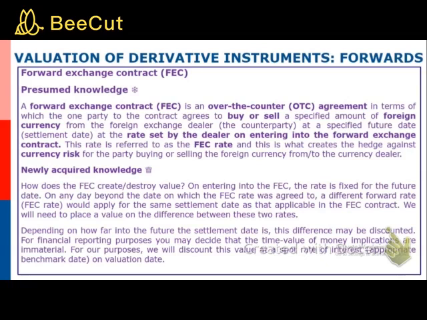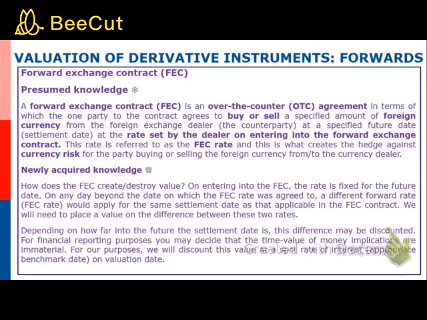Now, one last issue before we have a look then at the actual valuation of the instrument. Typically in financial reporting terminology, if you've got a highly probable transaction that is taking place somewhere beyond the next year and you want to hedge that with an FEC, the interest rate is going to become an issue here. Where we're dealing with a short-term hedge, it is very easy. You will always default to discounting with an N, a period of 1, and adjust the rate for the term of that period, with a single compounding taking place.